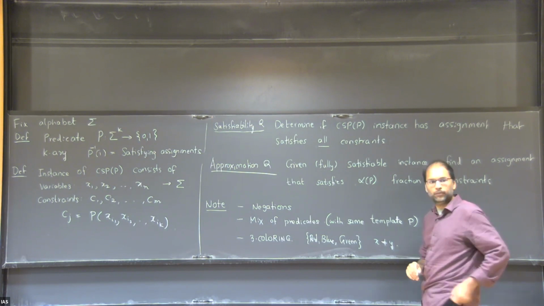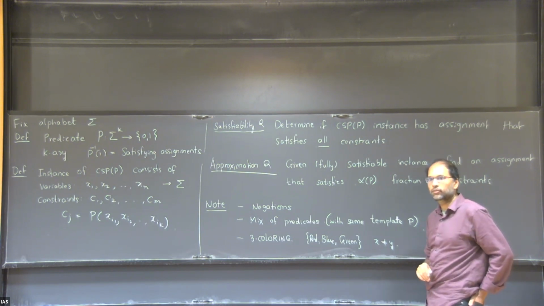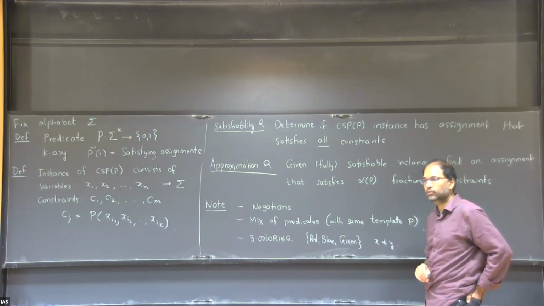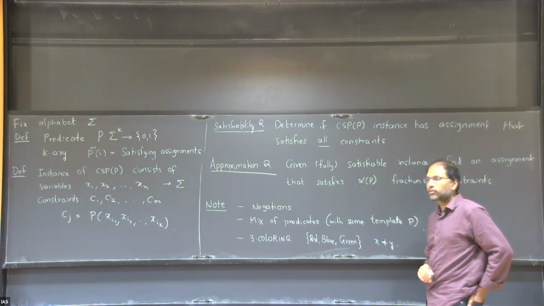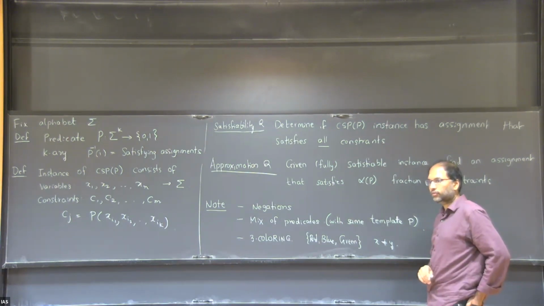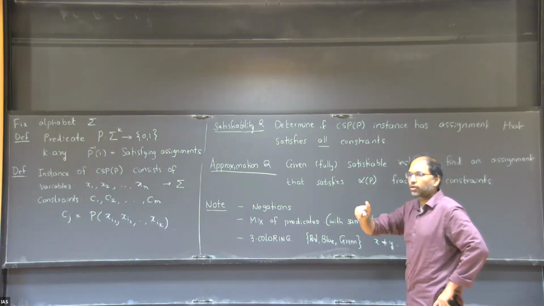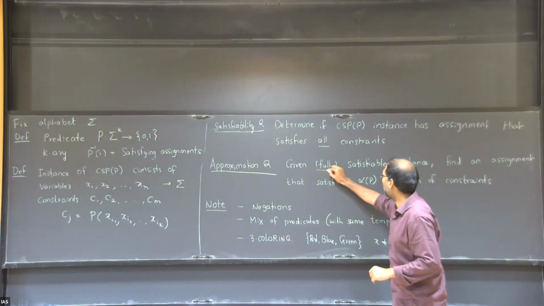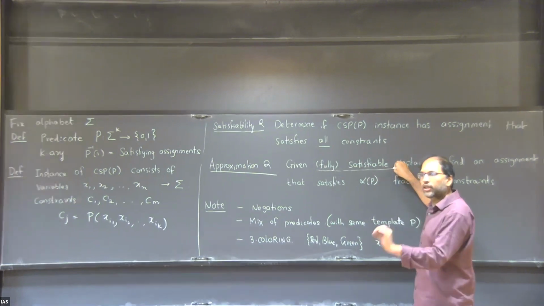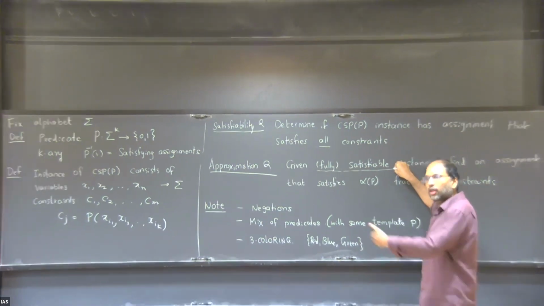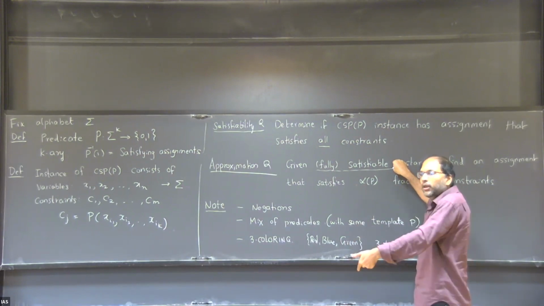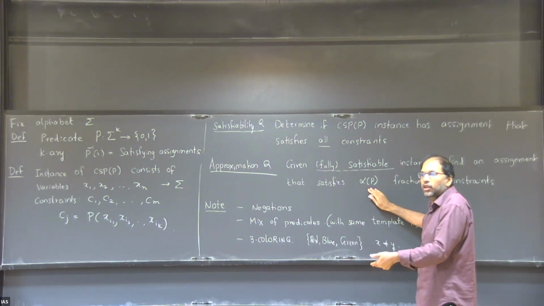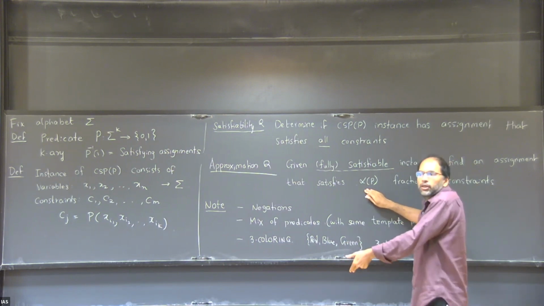You want to get alpha of P efficiently, and maybe believe that doing epsilon better is NP-hard or infeasible, independent of whether a full solution exists or not. So for now, I'm assuming that the instance I give you does have a fully satisfying assignment, but algorithmically, you might not be able to find it. You might only be able to find something which satisfies some 95% of the constraints.